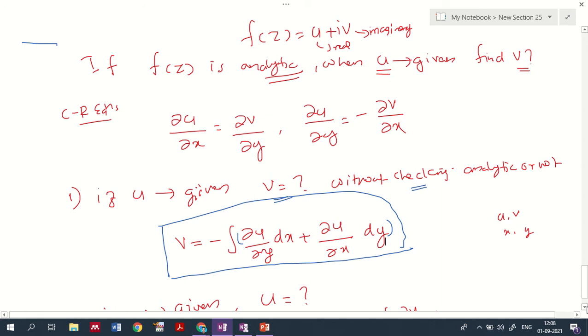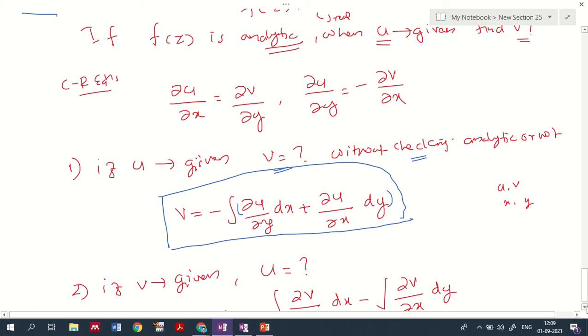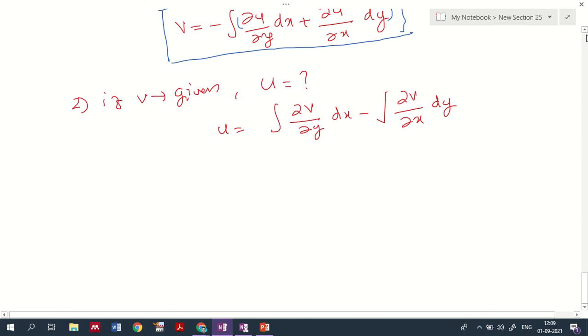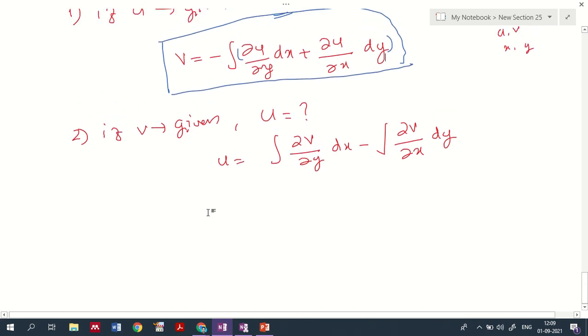After this, we will be doing problems regarding that, so do practice and understand what we have discussed now. The next part: there will be some cases where v is given, that is, the imaginary part is given, and you have to find the real part of that analytic function or complex variable function. For that, here I can keep it like this instead of a bracket, which will be more clear to you.